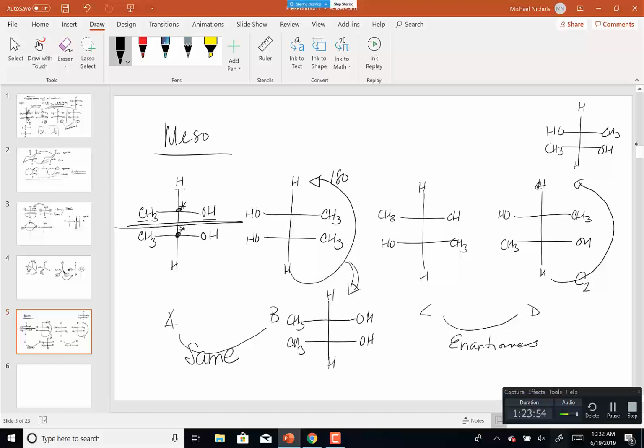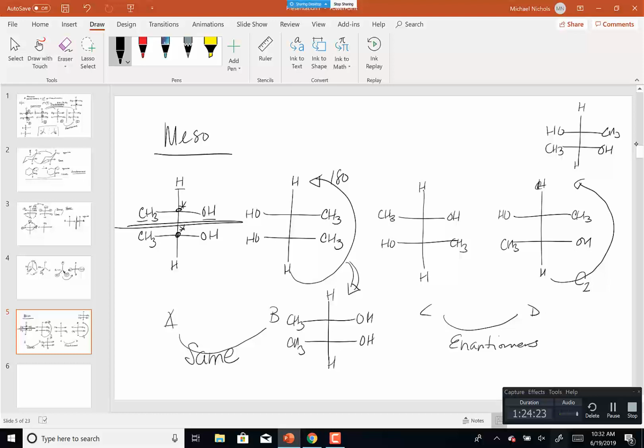Two definitions one more time. A meso compound has chiral centers, but it is superimposable on its mirror image. So the first part's critical. It needs to have chiral centers. How many? 2 or more. At least 2.